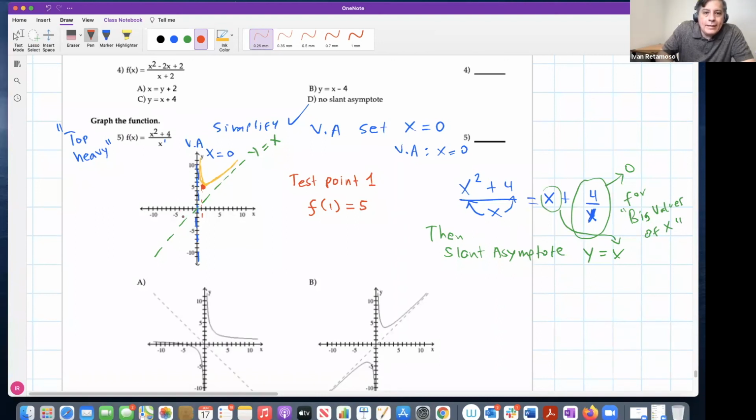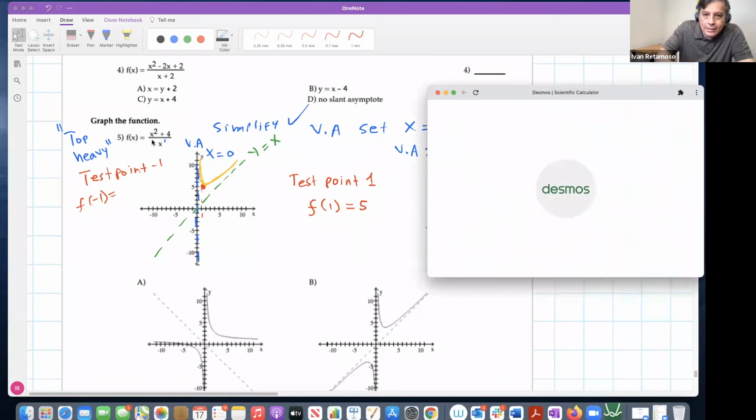For the left side, similarly, take a test point on the left of 0, for example test point -1. Figure out using your calculator what is the output value associated with the input value -1. Look, this is going to be -1 squared.